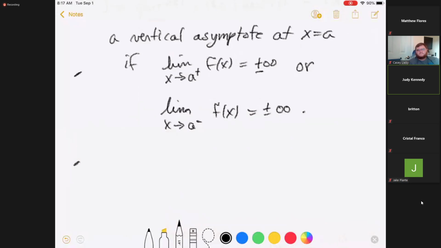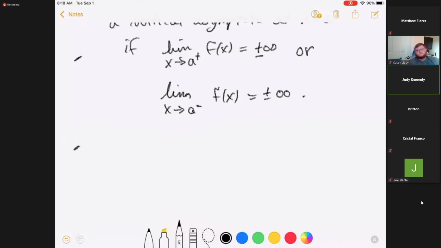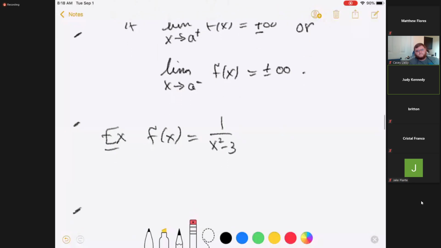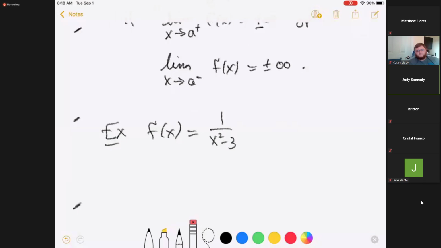Let's see. Can I give a nice example? How about this? Suppose we look at f of x equal to 1 over x squared minus 3. What's the domain of that function?